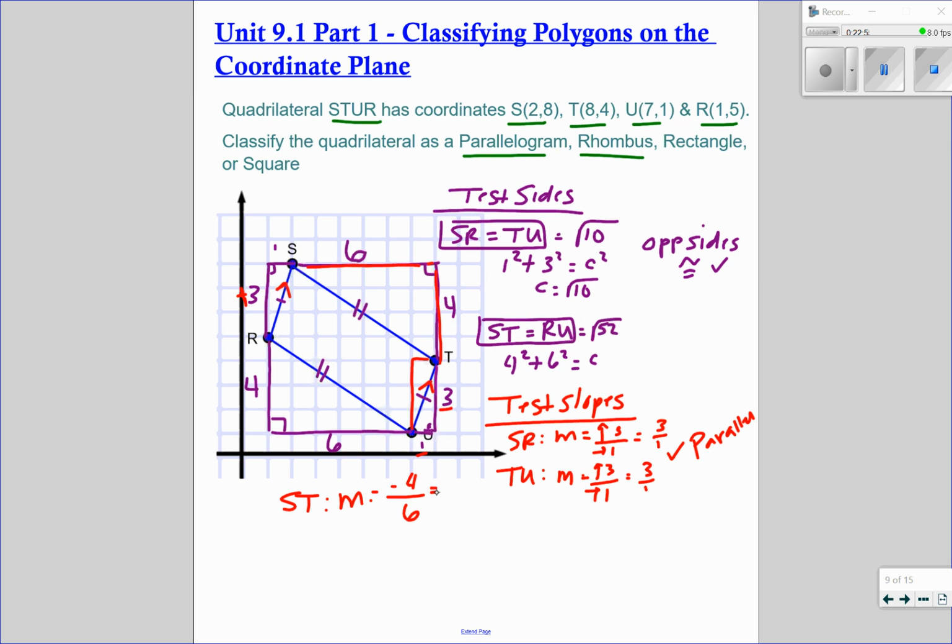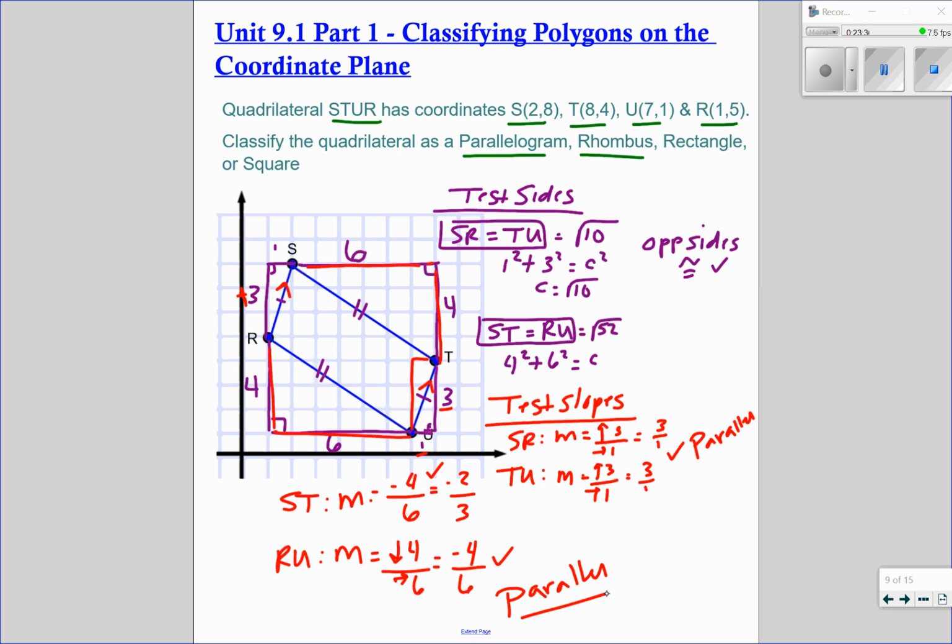If you are comfortable with simplification, you can simplify or leave it, but the common factor is 2, so this would be negative 2/3. We need this side to have the same slope as side RU. RU has a slope of down 4 over 6, which is negative 4 over 6, the same as this one. So these sides are parallel.